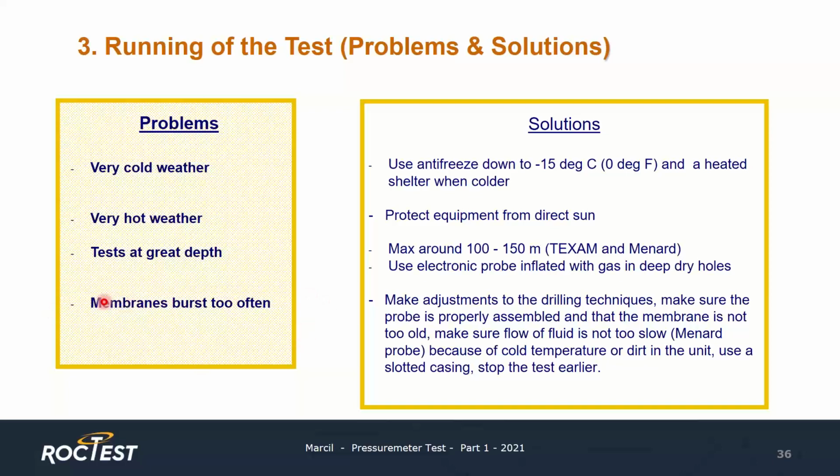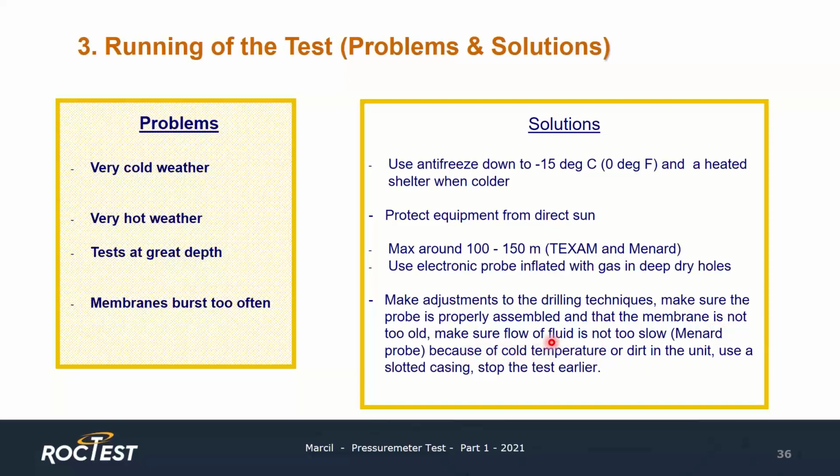A typical problem is when the membrane bursts too often. If this happens, it means you have first to try to make adjustments to the drilling techniques. You have to make sure that the probe is properly assembled. And you have to make sure that the rubber membrane is not too old, because with time the rubber will lose some of its mechanical properties.